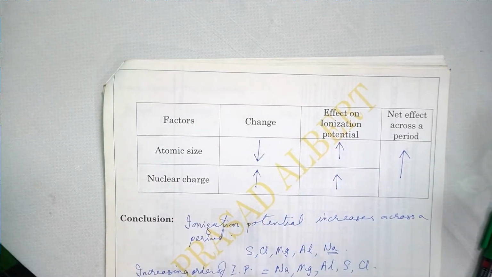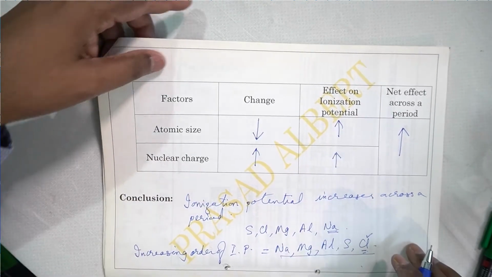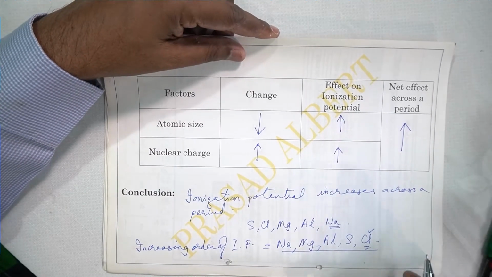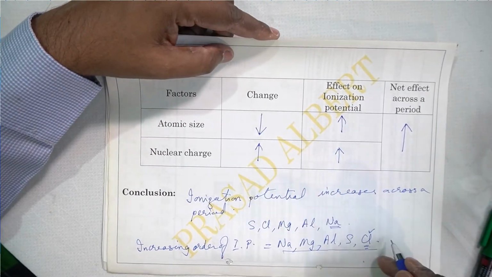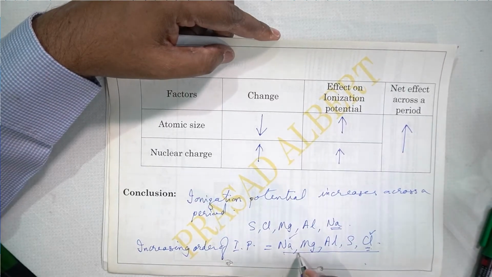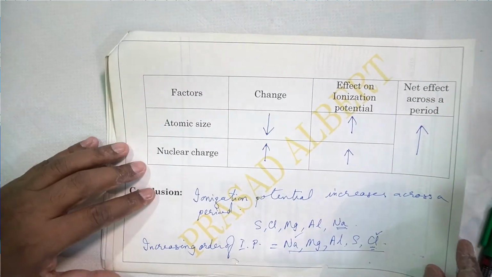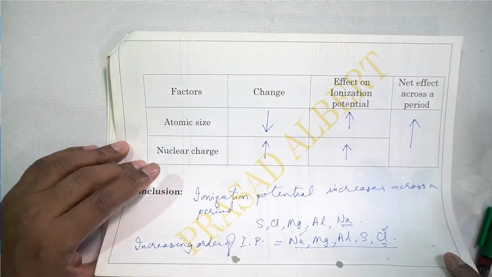So this is the increasing order of their ionization potential. The highest ionization potential is for chlorine. We know chlorine is a halogen, so a large amount of energy is required to remove an electron. Chlorine does not give an electron, it usually takes an electron. Sodium easily donates an electron. So from left to right, ionization potential increases.